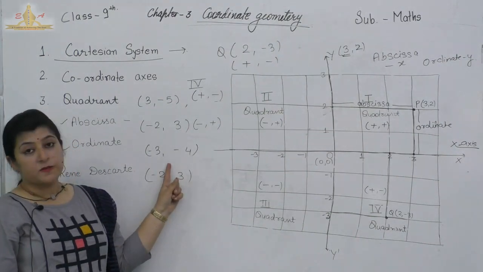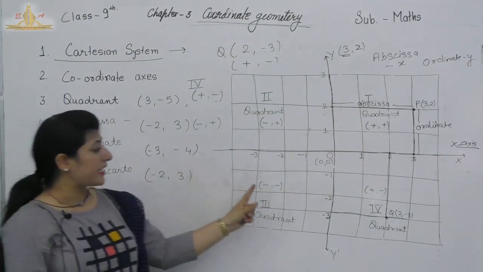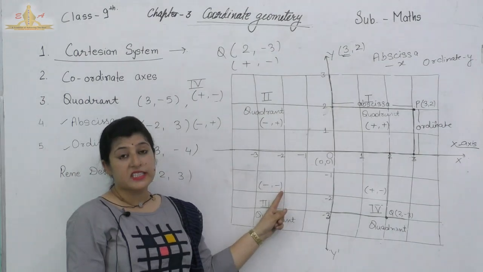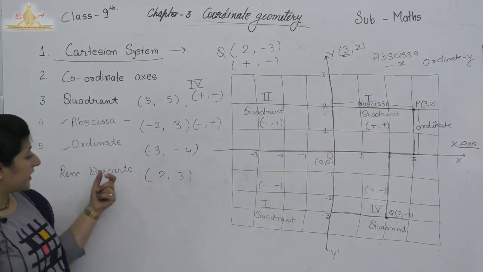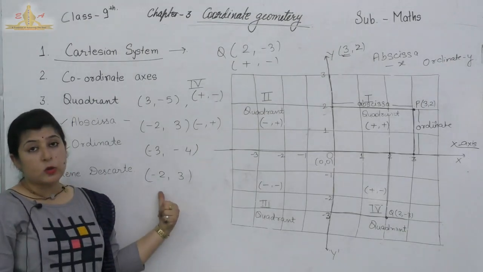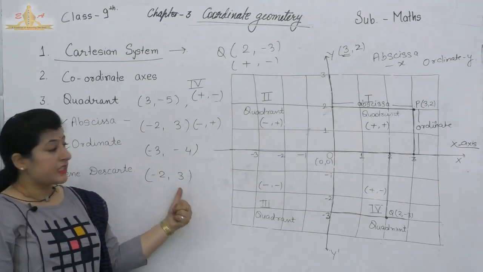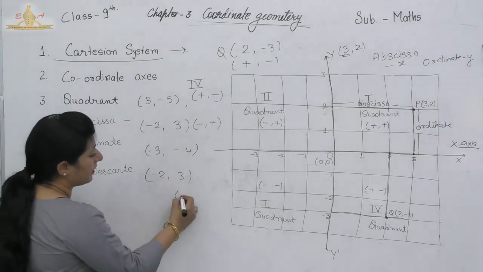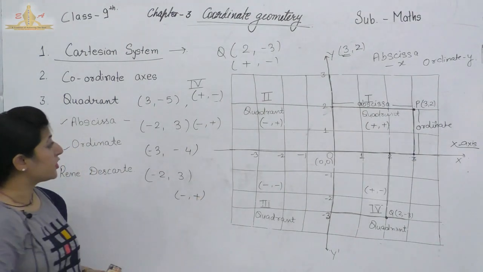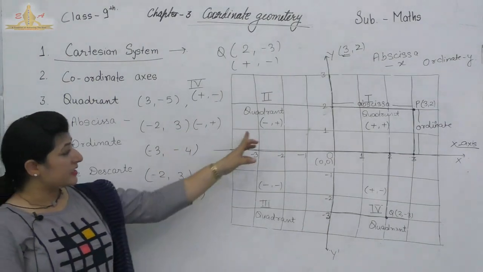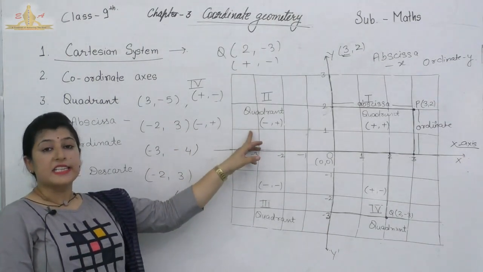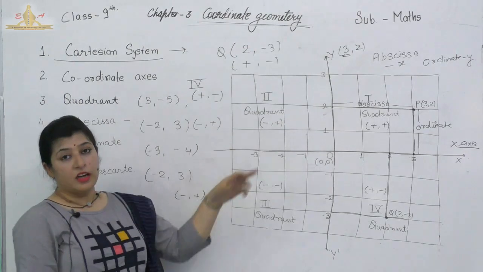(Minus 3, minus 4) means minus minus, x-axis minus, y-axis minus. This point lies in the third quadrant. Minus 2 comma 3 means minus comma plus. Which quadrant? Again this is the same point by mistake, so this also lies in the second quadrant.